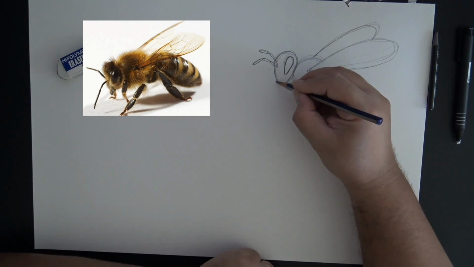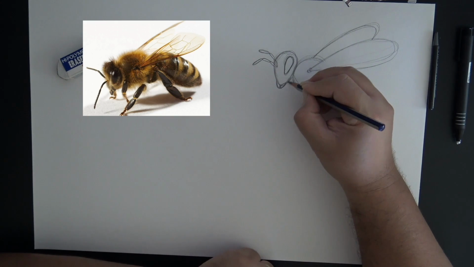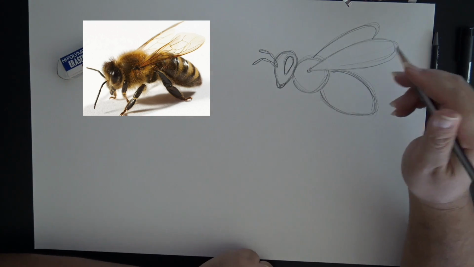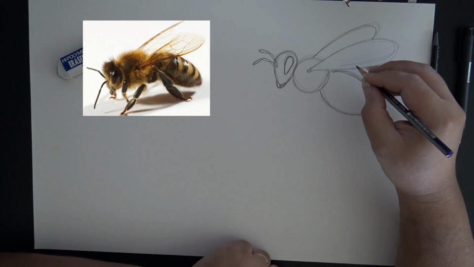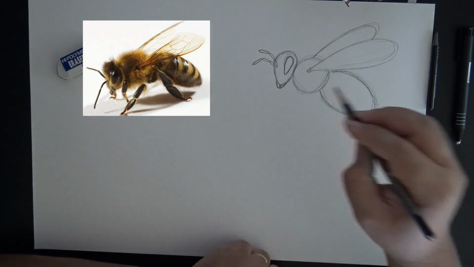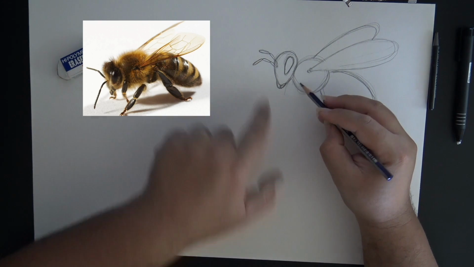Okay, in the front we have a couple of triangles, right in front of the mouth area. Now coming out from under the thorax, we're going to have a bunch of these same kind of shapes.